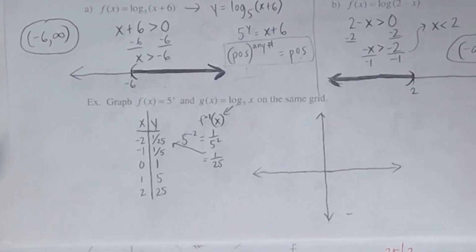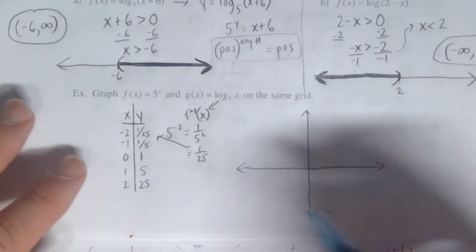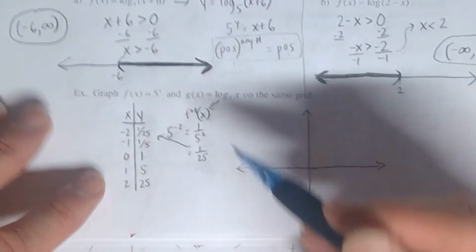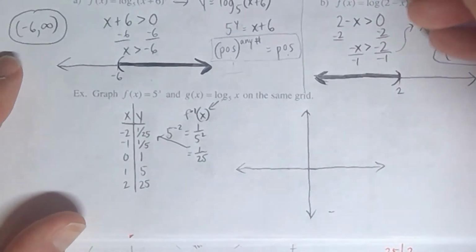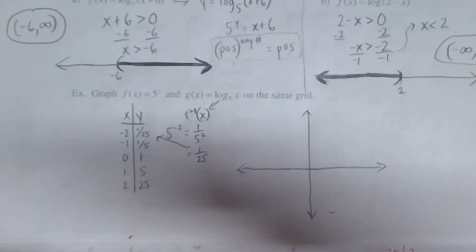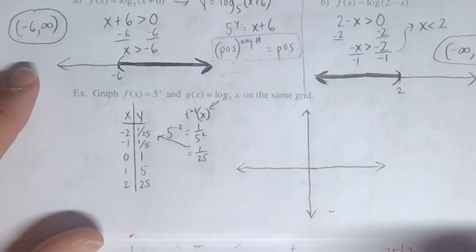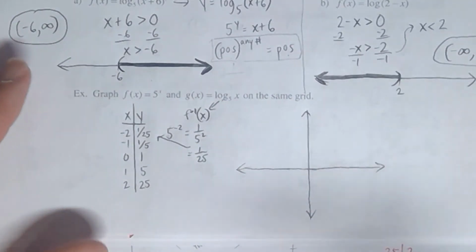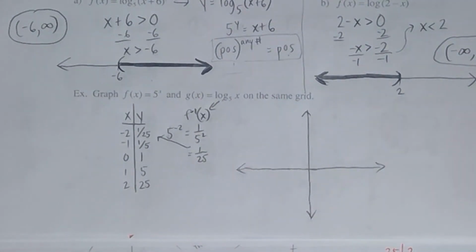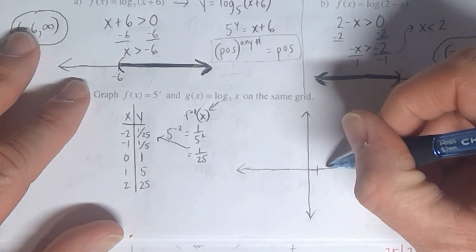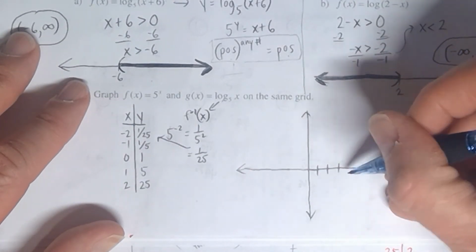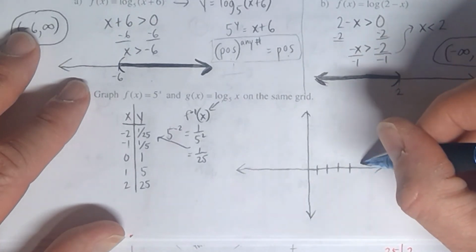As I promised you in section 9.1, you don't have to graph all 5 of these, so if you want to leave out the 25 since it's so far off the graph, then you can do that. And by the way, the reason that's important here is because you want the scale for both the x-axis and the y-axis to be the same. It has to be.